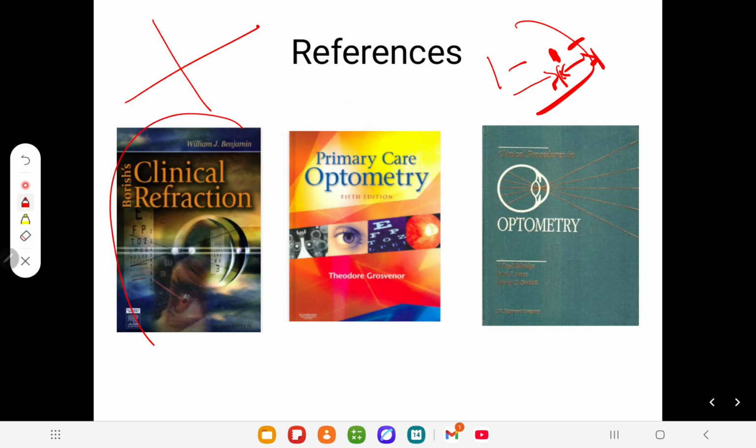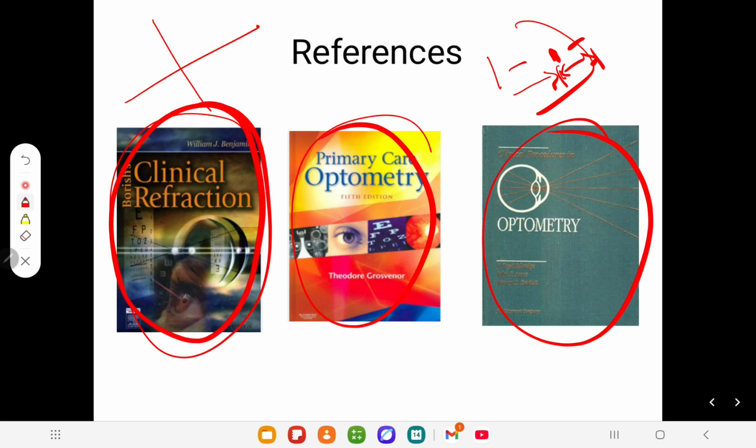So it's always better, the best reference is always Clinical Refraction, and I have already taken this too. I hope you get a little bit, because it's always difficult the first time to get the whole thing. And I want to tell you seriously, just read this book clearly, Clinical Refraction by Borish, which is real gold stuff. I know it will be difficult, but try your best and just read a few books.